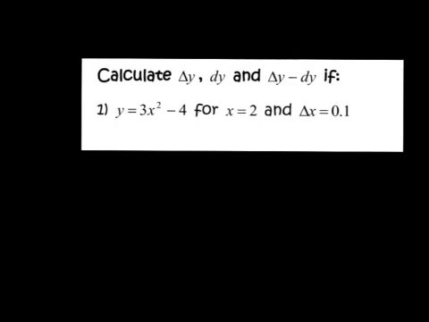Okay, now it's time to solve an exercise to show you what we mean in the previous explanation. So we're going to work with the function y equals 3x squared minus 4. We're going to start with x equals 2, and the differential of x is going to be 0.1.